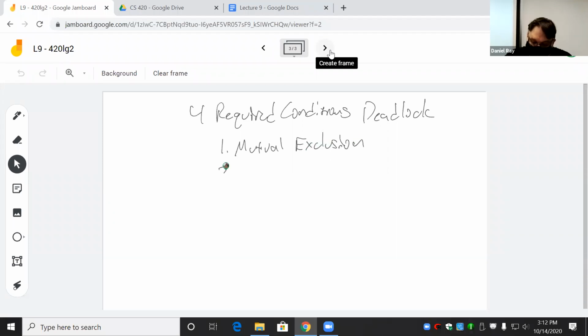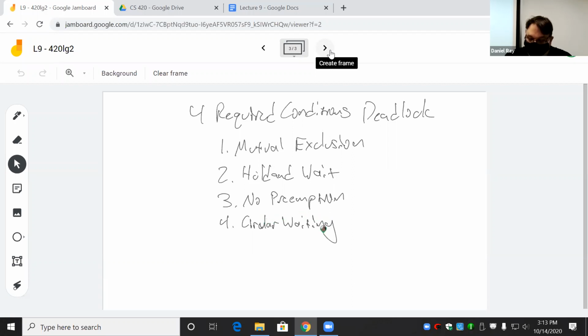Second, hold and wait. Okay. Third, no preemption. And fourth, circular waiting. Okay. We talked about what mutual exclusion means. Somebody give me a brief definition of what that means.